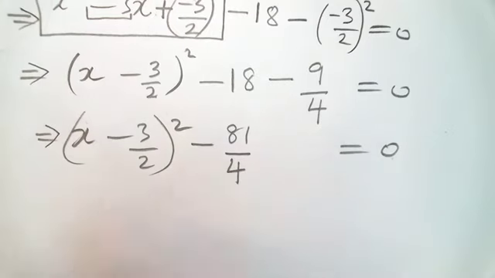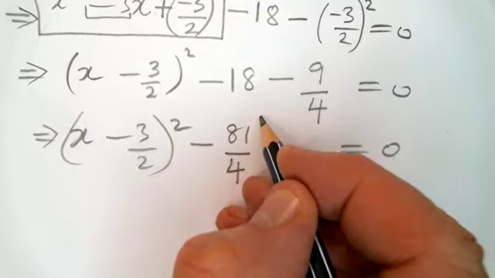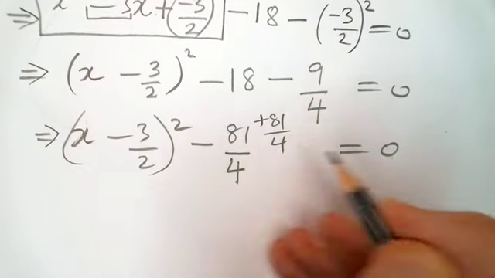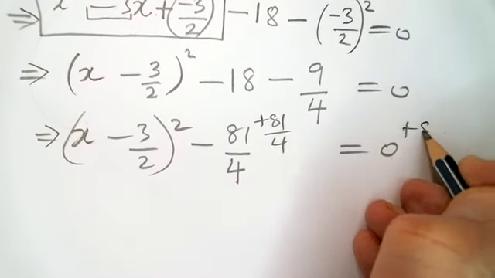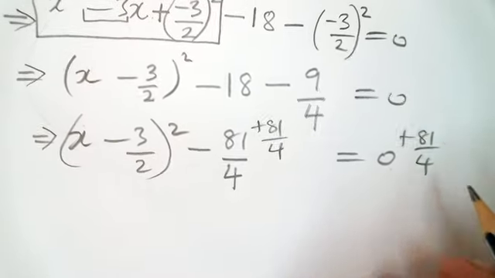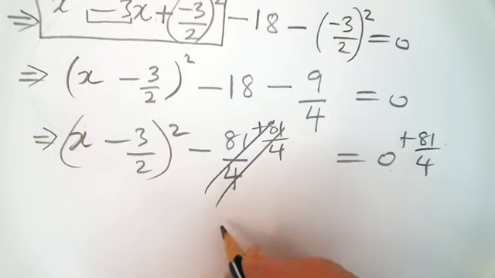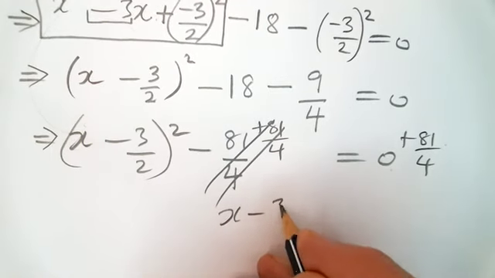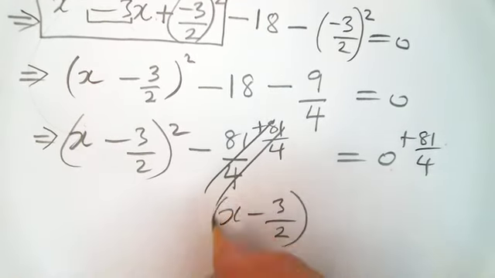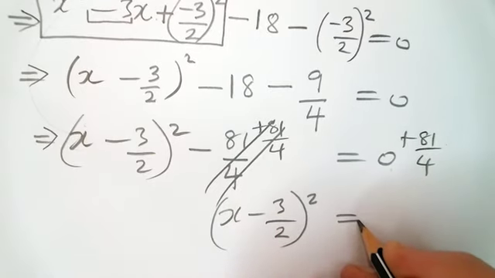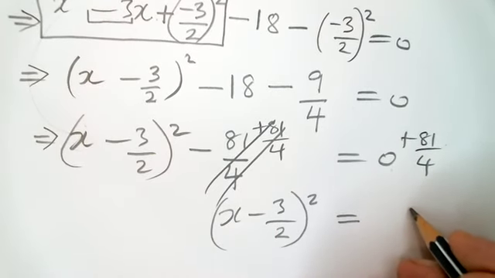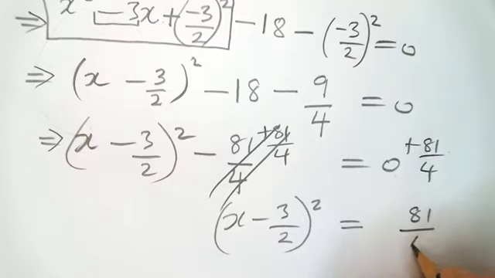So I'm going to show you two ways of doing this, by the way. Here's the first way. So now I'm going to add 81 over 4 to both sides. So, of course, 81 over 4 minus 81 over 4 is 0. That means on this side I've now got x minus 3 over 2, all squared, is equal to 81 over 4.